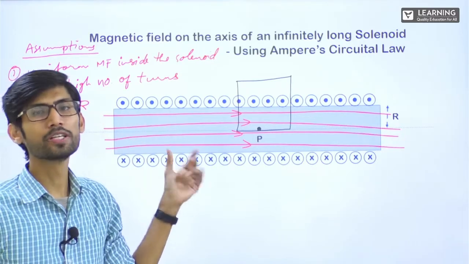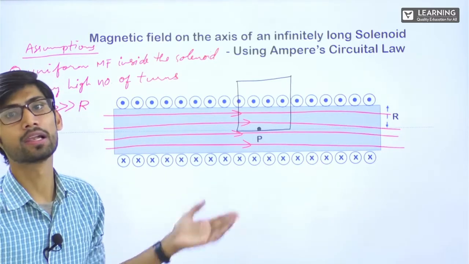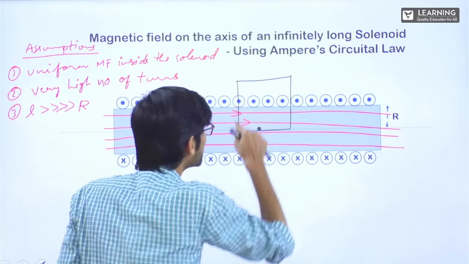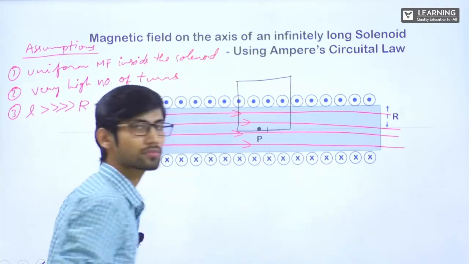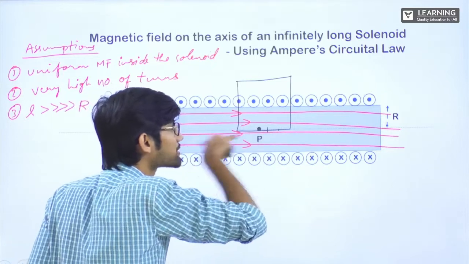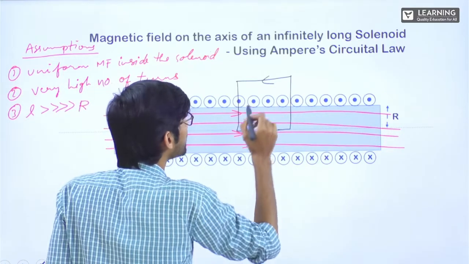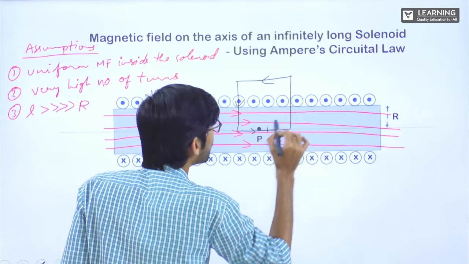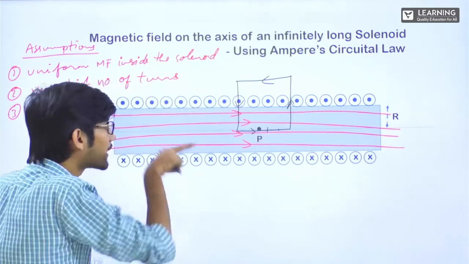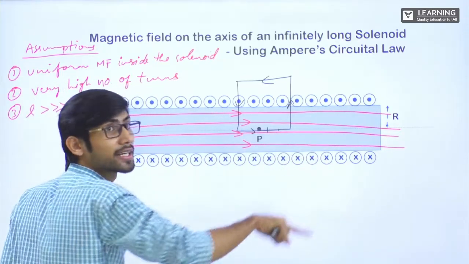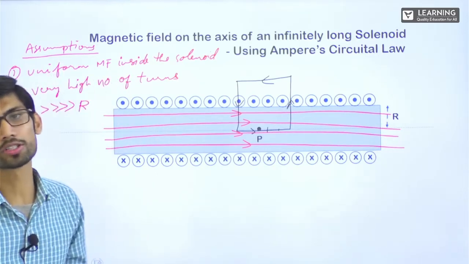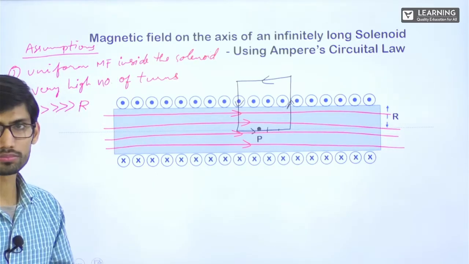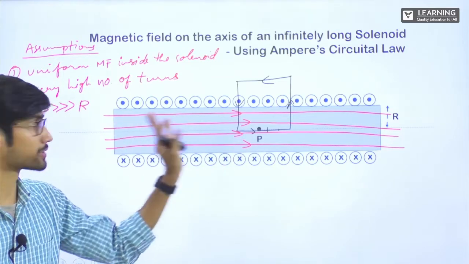One, B should be tangential to dl. Now here, if you see this square loop, if I take any dl here, the magnetic field is in the same direction. If I take this direction like this, the magnetic field is in the same direction as dl, tangential to dl. So B dot dl will be B dl cos 0. That is B dl. Clear? That's why.